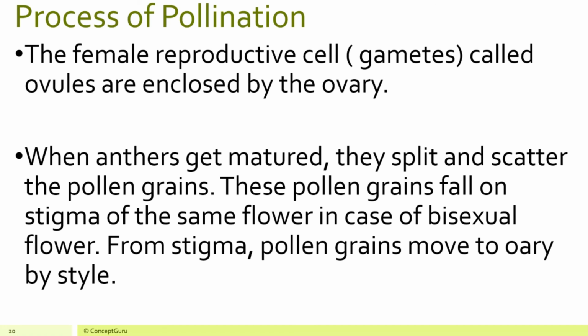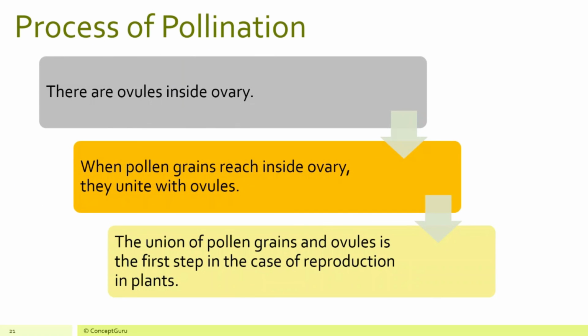From stigma, the pollen grains move to the ovary by style. So there are ovules inside the ovary. When pollen grains reach inside the ovary, they unite with the ovules. The union of pollen grains and ovules is the first step in the case of reproduction in plants.